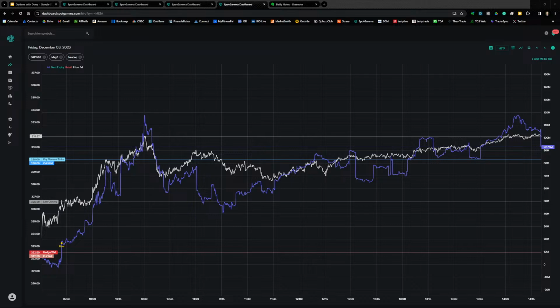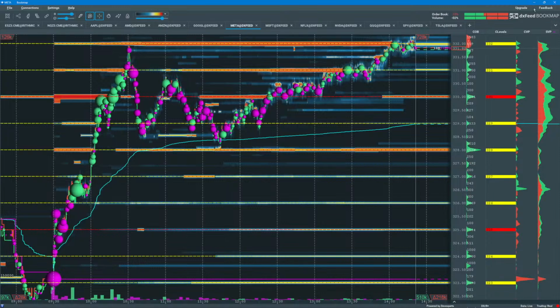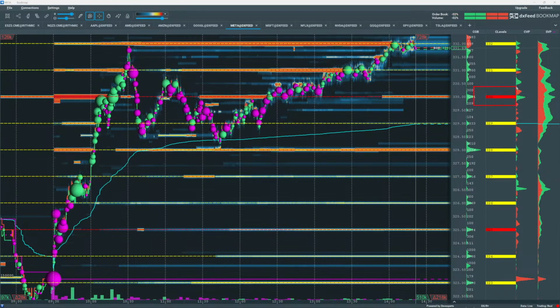Let's go back to Bookmap. So when traders buy calls and sell puts in a stock, market makers take the opposite side of those trades, and they have to buy stock to hedge their delta exposure. Here's the 330 call wall key gamma strike.